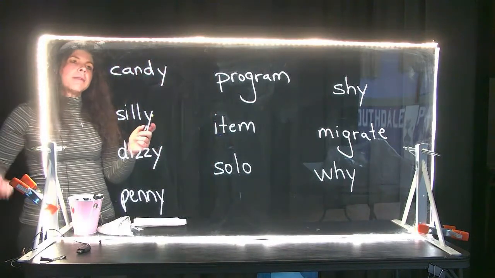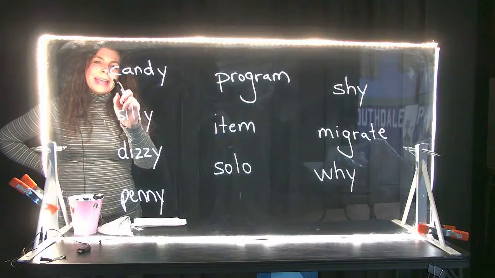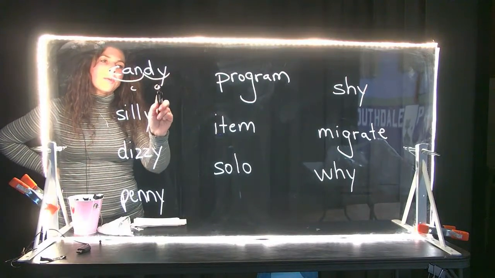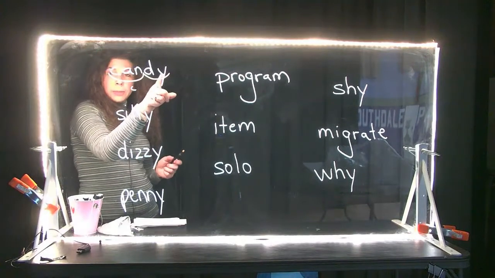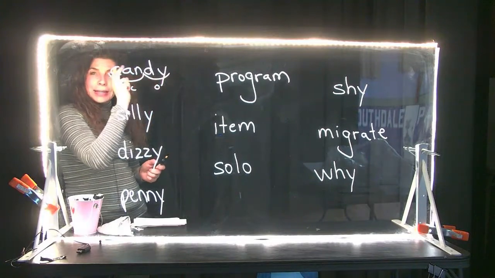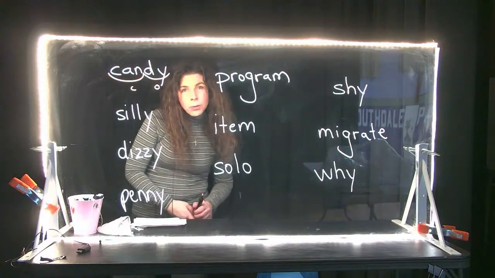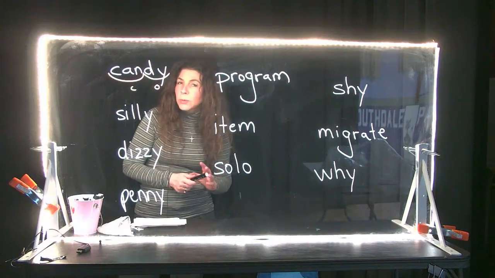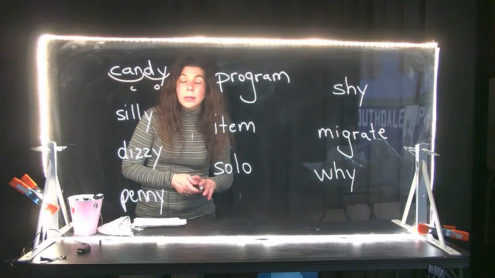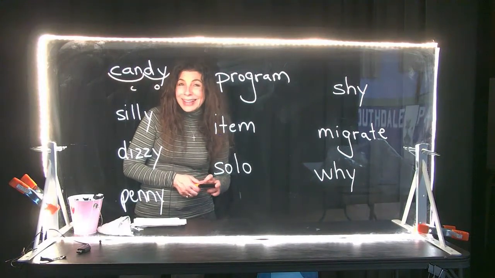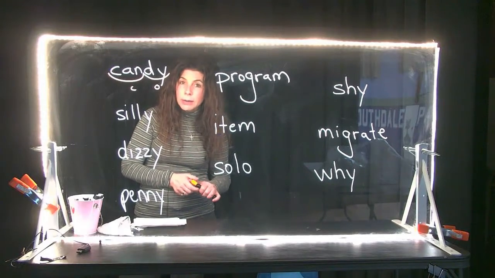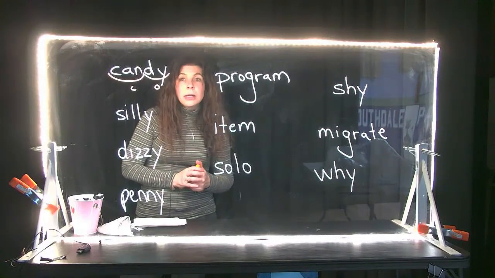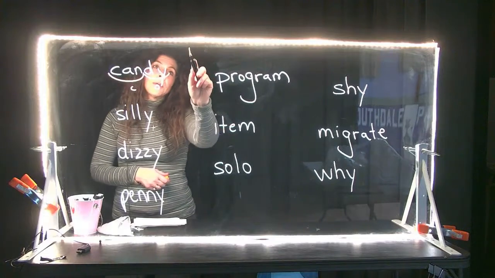So the first one obviously is candy. Can is a closed syllable. D is an open syllable. Remember, here we have our Y that sounds like an E. Third grade, if you're reading a word or you're hearing a word and it has a Y at the end and it's more than one syllable, I would probably say 98% of the time, 99% of the time, that Y is going to sound like an E. Same thing with our suffix, ly.